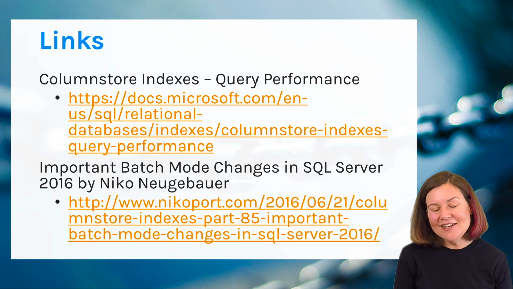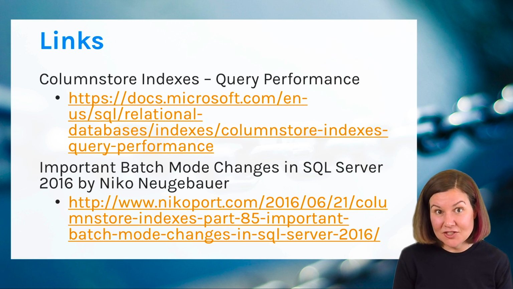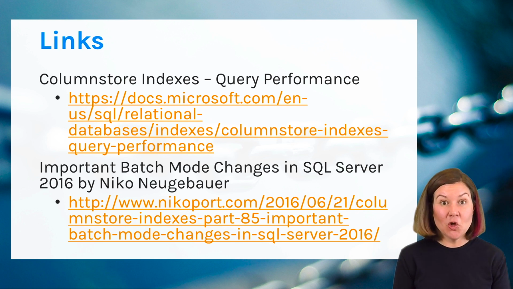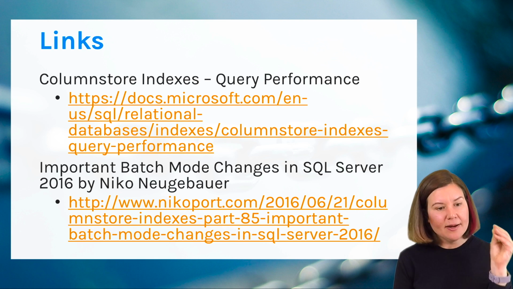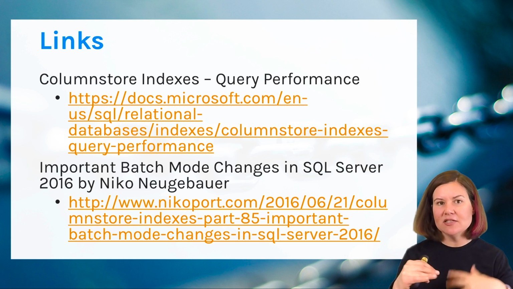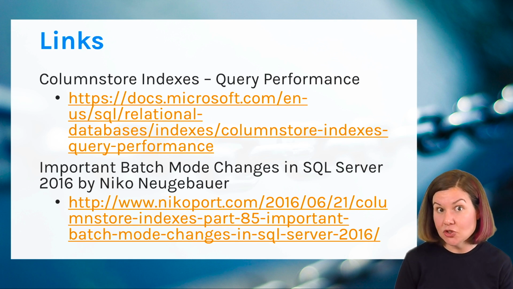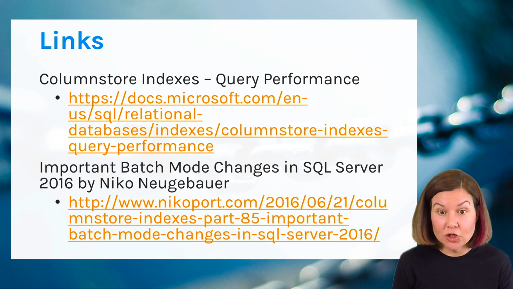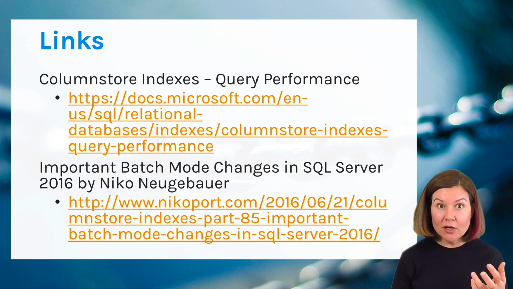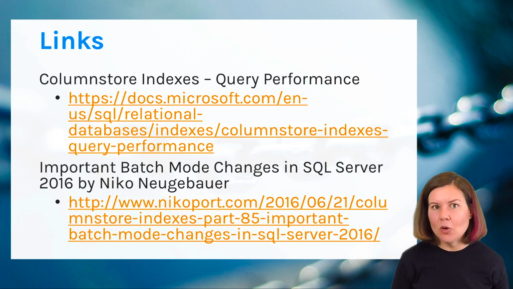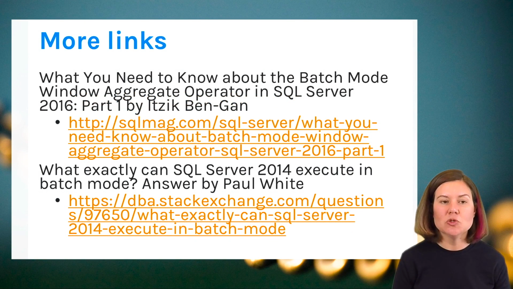So, links. If you're interested in this, there are lots of great things to read up on. The Columnstore Indexes query performance article in Books Online is great. It talks a lot about not just batch mode, but also predicate pushdown and lots of other cool processing features with Columnstore indexes. Nico's great article on important batch mode changes in SQL Server 2016 has example code around that hint issue, where if I'm hinting away the Columnstore index, suddenly batch mode goes away too.